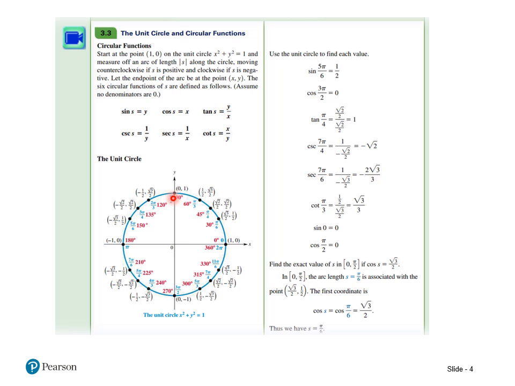I could also say this as the cosine of pi over 2 is 0, the sine of pi over 2 is 1. The cosine of pi is negative 1, the sine of pi is 0, and etc. Okay? So this actually helps us kind of figure out some of the values here.